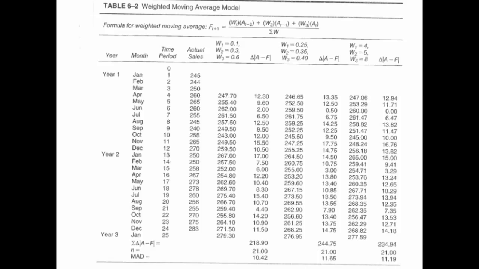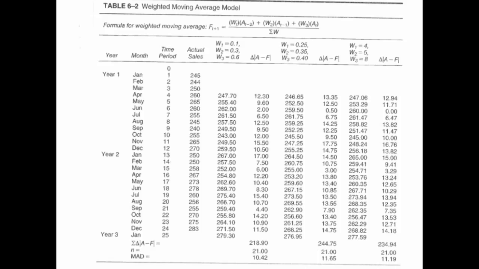W1 is the importance weight for the month 3 months prior to the forecasted month. W2 is the importance weight for the month 2 months prior to the forecasted month. And W3 is the importance weight for the month immediately prior to the forecasted month. For each approach, the importance weight increases as the month considered is closer to the forecasted month.